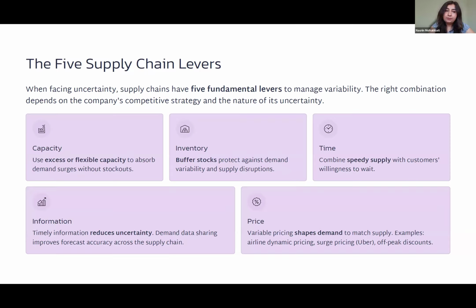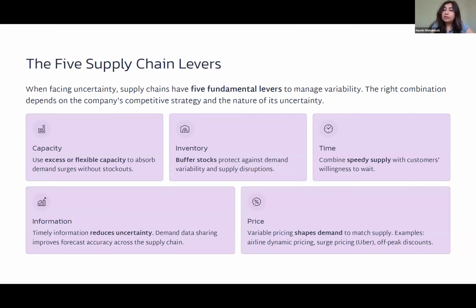One is capacity. So capacity in terms of capacity of our suppliers, capacity of our manufacturers, capacity of our warehouses, capacity of our distribution system, capacity of retail stores, and so on. If we have extra flexible capacity in any form, it can help us mitigate the risk of uncertainty.